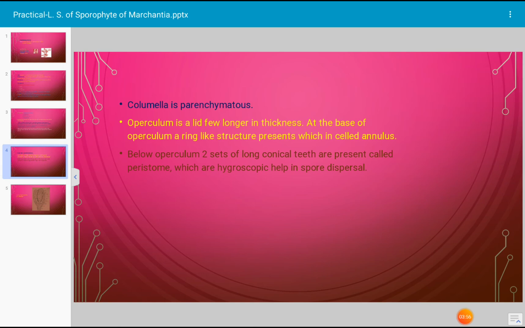The peristome is hygroscopic, meaning it absorbs moisture from the environment, and this peristome helps in spore dispersal. These things we have to observe in the permanent slide given for the study.